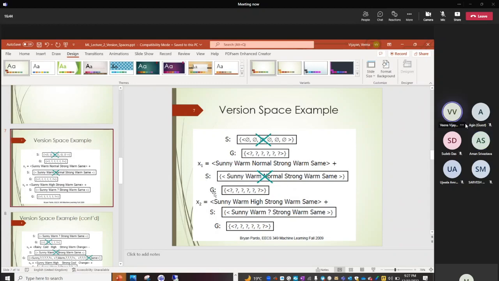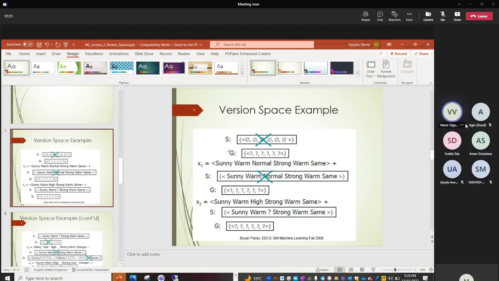Same way, we will compare it with the generic hypothesis. Sunny equals question mark. That is true, right? Question mark can take any value irrespective of what value it is. So the generic hypothesis will stay the same. The specific hypothesis will change.